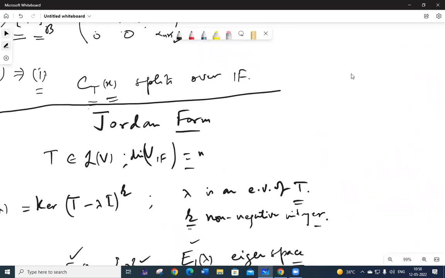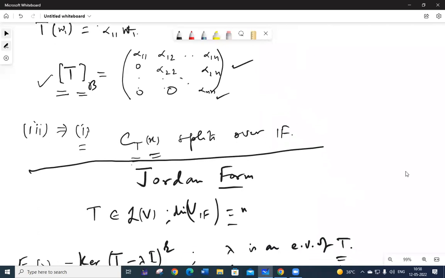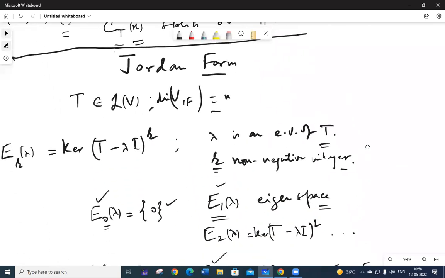This one? 3 implies 1. This is easy from here. See, for a triangular matrix, these are the eigenvalues. Okay, sir, got it. Any other questions?